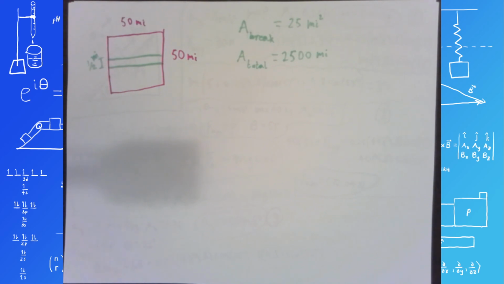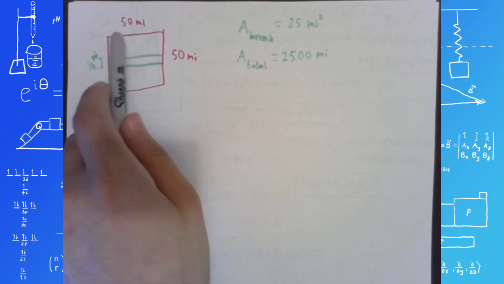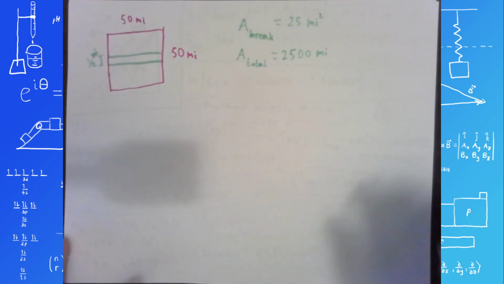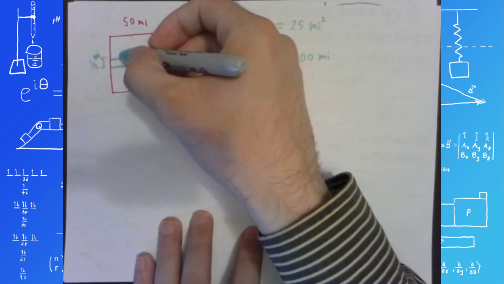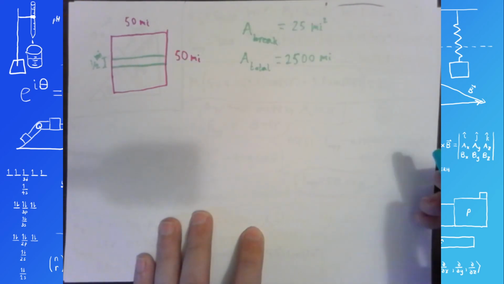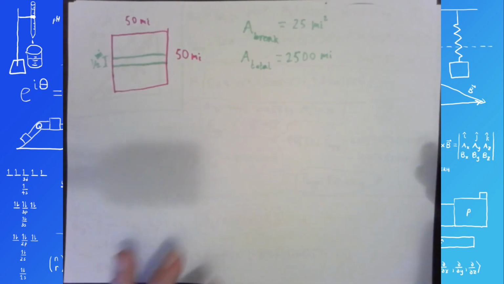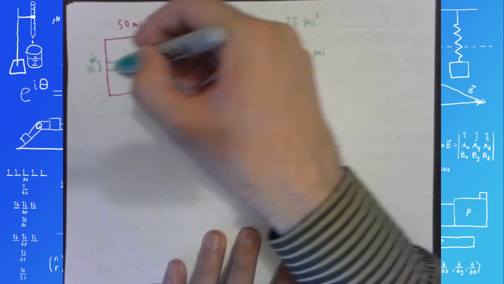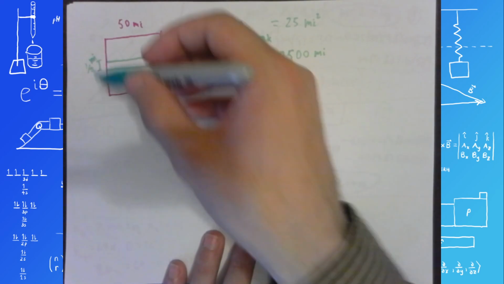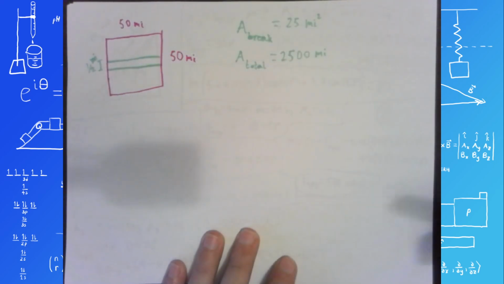They should have said as well as the amount of area lost due to having them occupied by these fire breaks, because the idea is, let's say this 50 by 50 mile square is a city, for example, and if you create these fire breaks, then they're taking up space that could instead be used by buildings and stuff. So you're rendering this area unusable, so you would like to not make too many fire breaks.